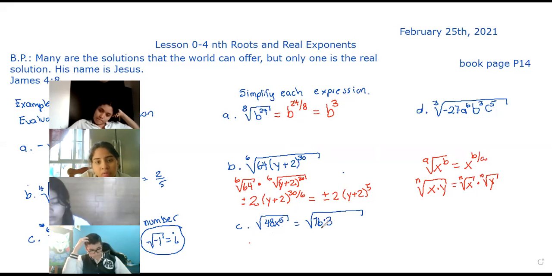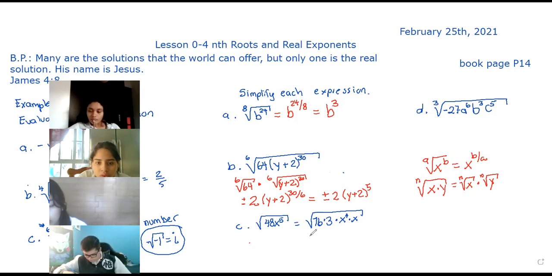Yes or no? And x to the power of 5, I can write it as x to the 4 times x. 16 times 3 is 48, and x to the 4 times x will be x to the 5. Until there, are we clear? Yes? Okay.